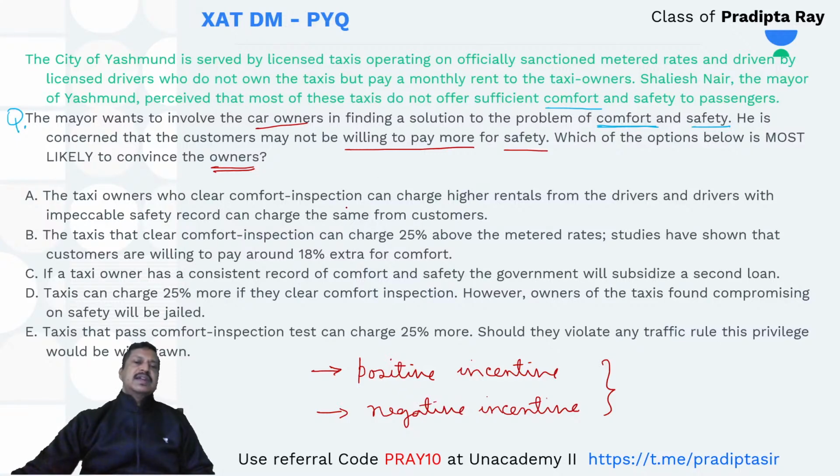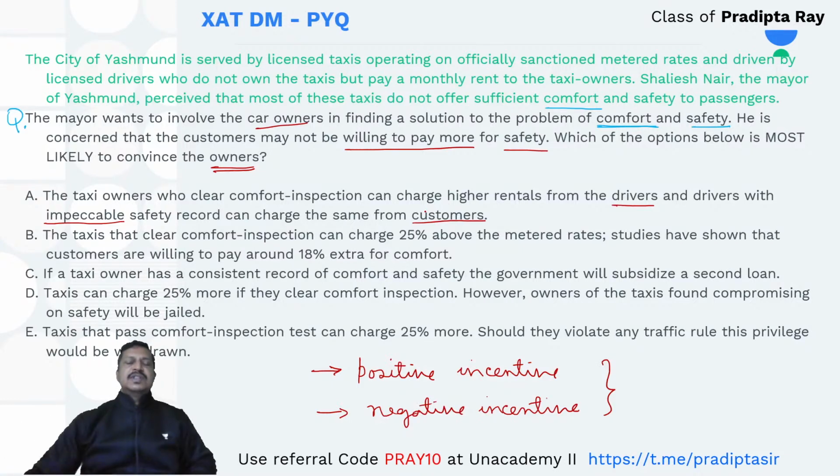Taxi owners will be charging extra from drivers, and drivers will be charging extra from the customers. Right. So this is too much and too many conditions. Impeccable safety record. So if the safety record is impeccable, then only the driver can charge, right? Otherwise not. So this is too complicated. The whole system is very complicated.